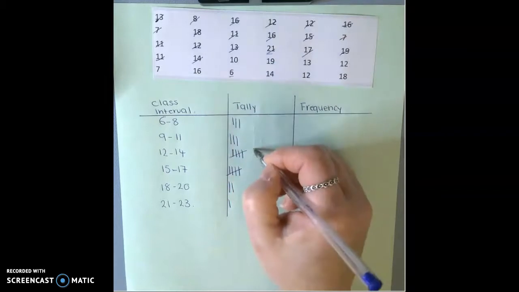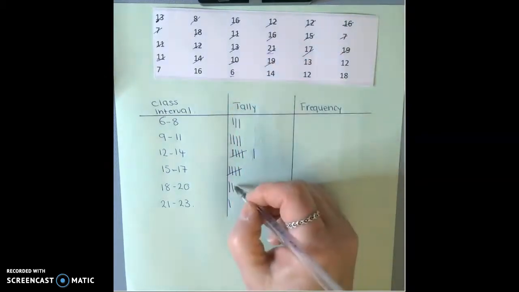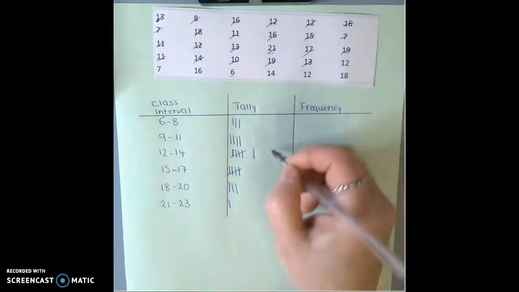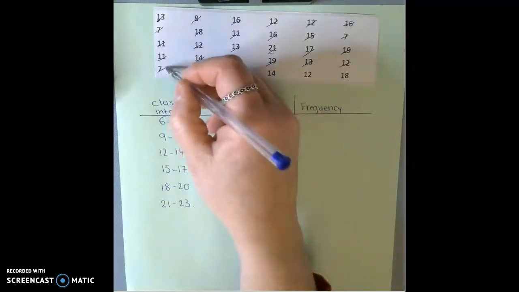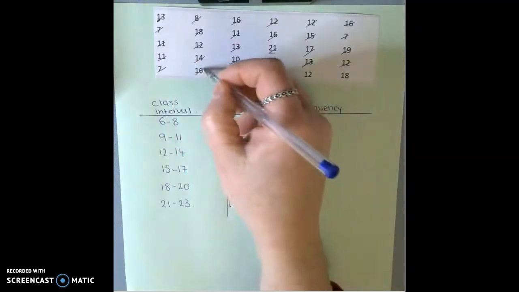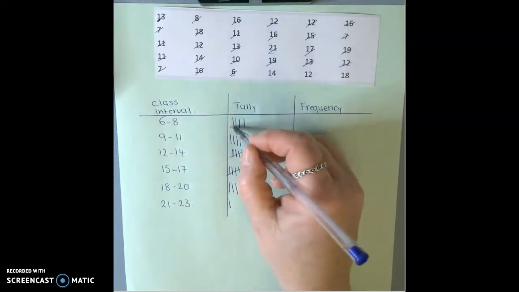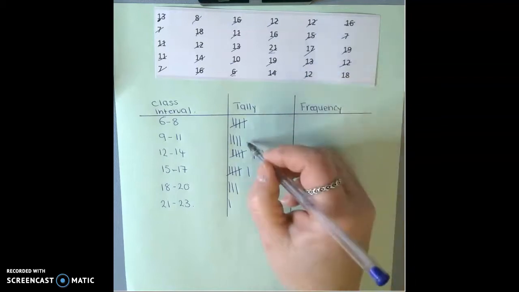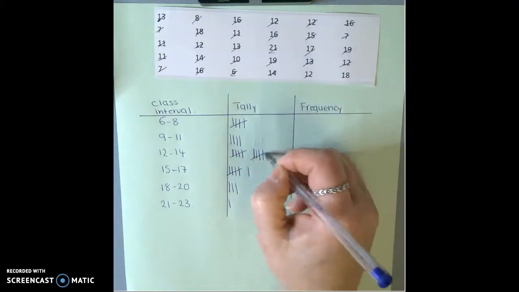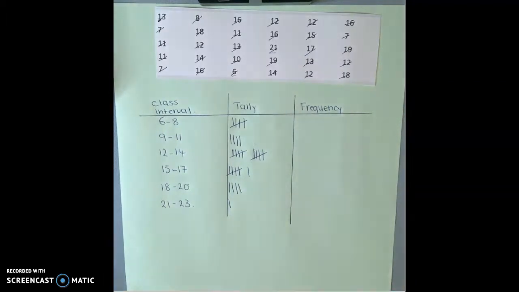And just keep going and crossing them all off until you fill up the table. There's another line. And another one. Okay, and then that's the last number.